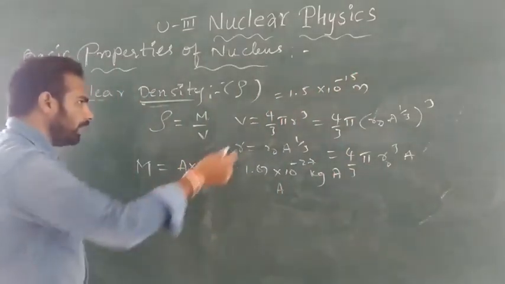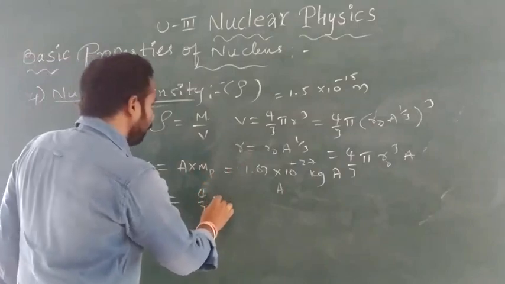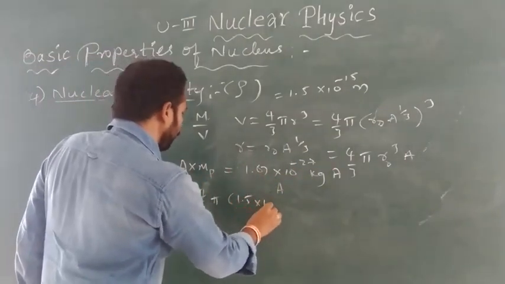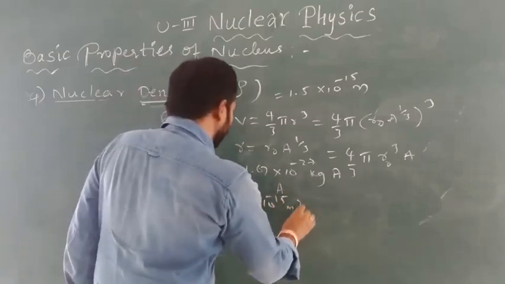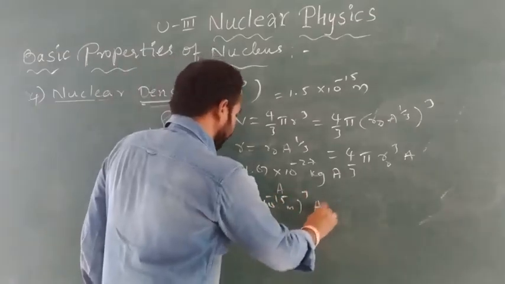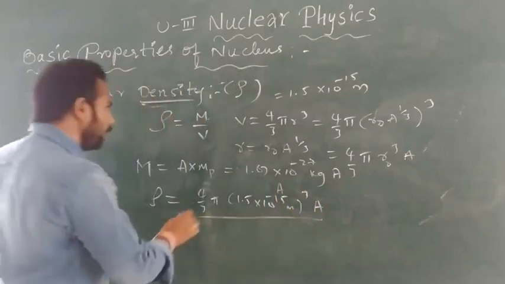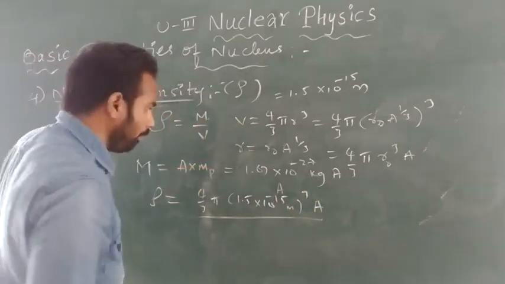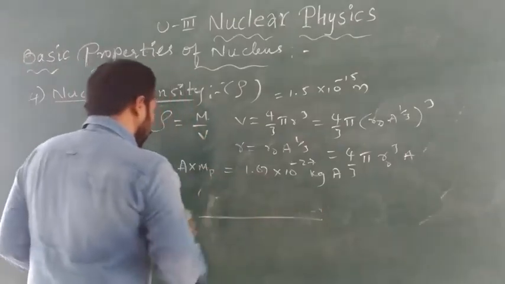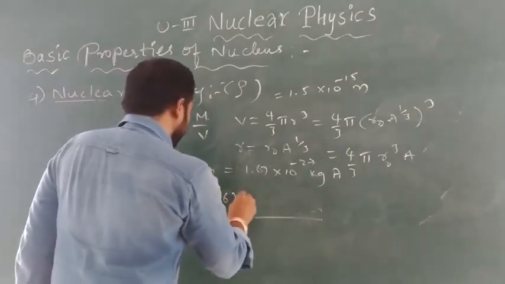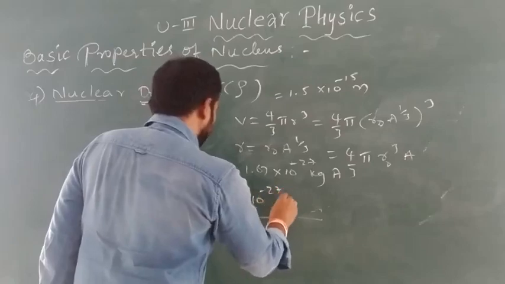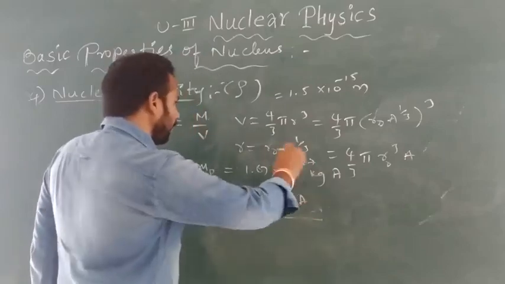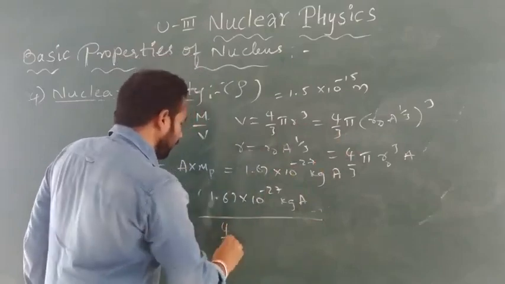Nuclear density: you will get 4 by 3 pi R naught, that is 1.5 into 10 power minus 15 meter, whole cube into A, as the volume. The mass is 1.67 into 10 power minus 27 kg into A, the mass number.